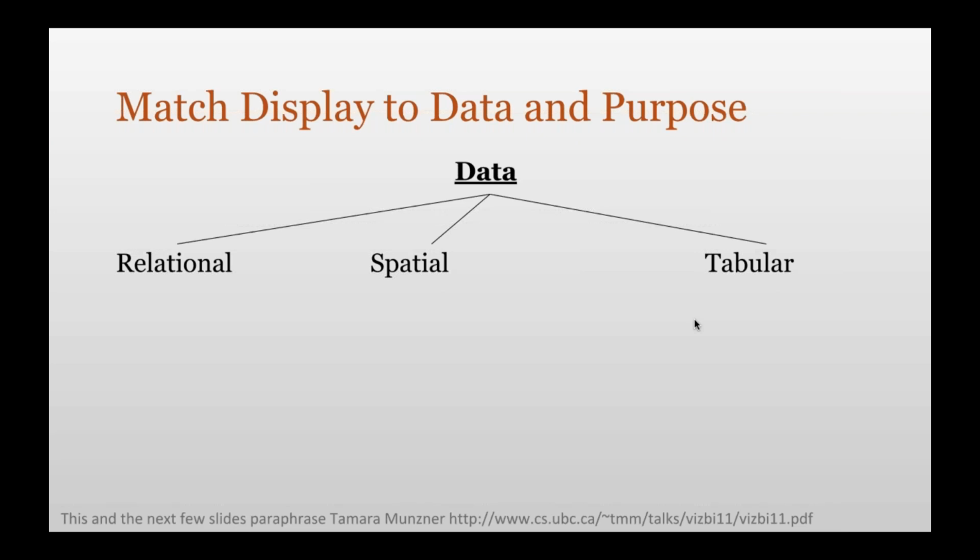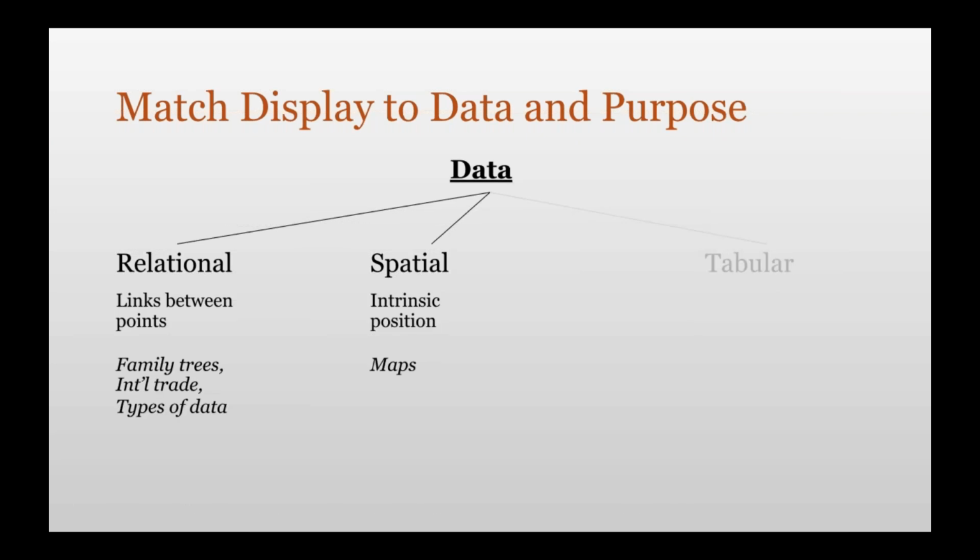And you've probably seen different classifications of data in this way. You could think of things as relational, spatial, or tabular. Relational and spatial are two major categories that are very different from more common tabular data.